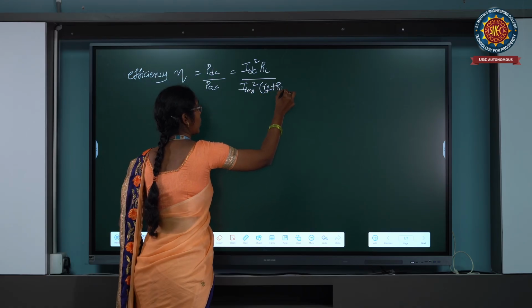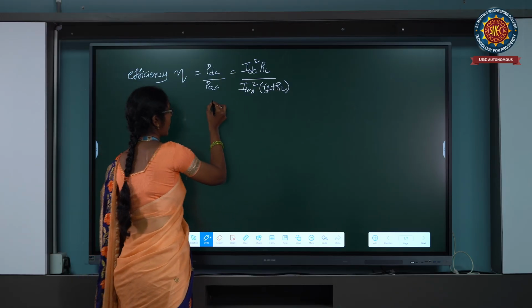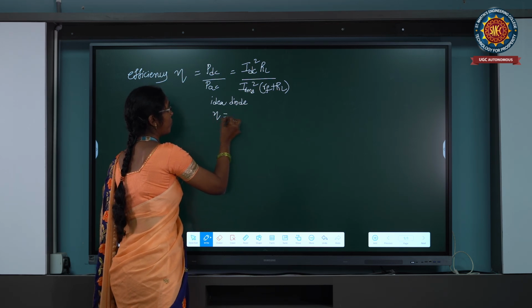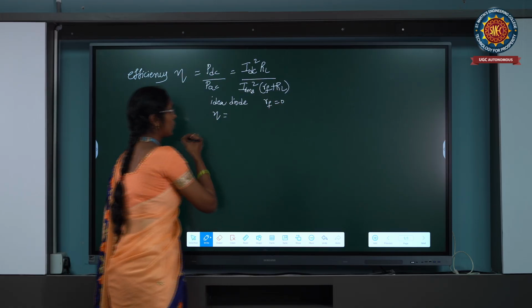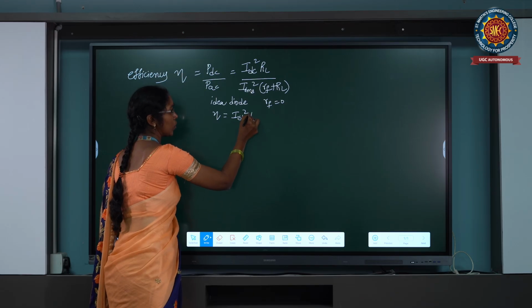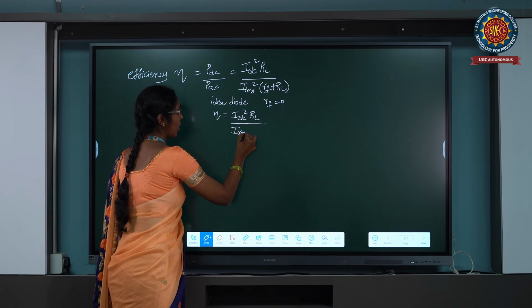For an ideal diode, the RF value is 0. So here we are calculating for an ideal diode. Due to that reason, eta is equal to IDC square into RL by IRMS square into RL.